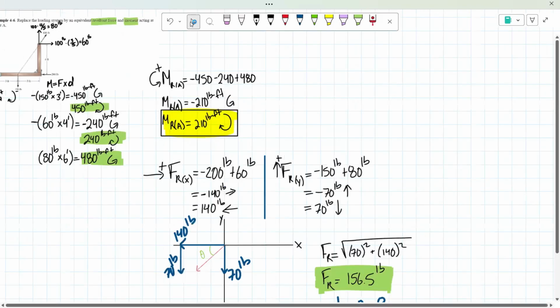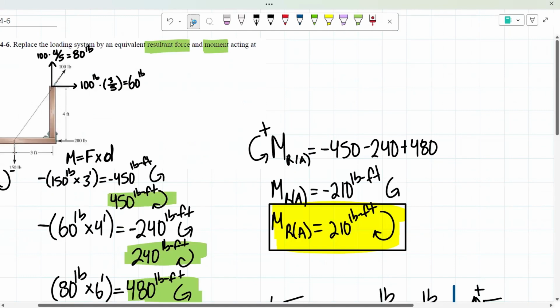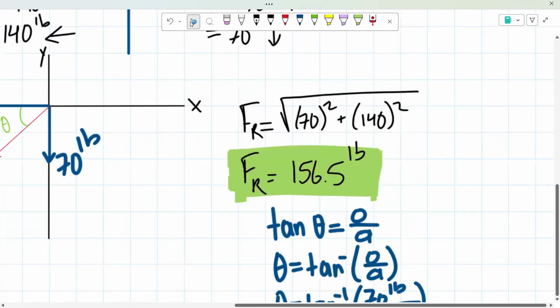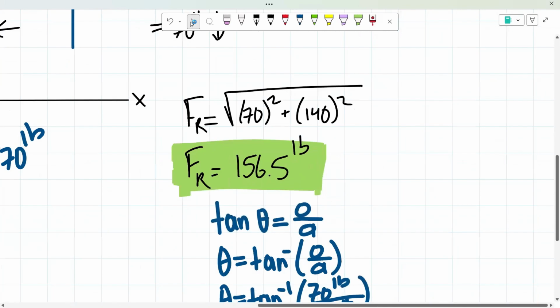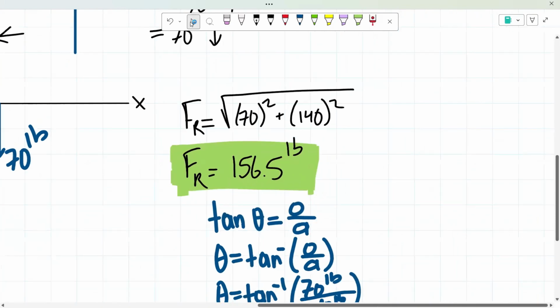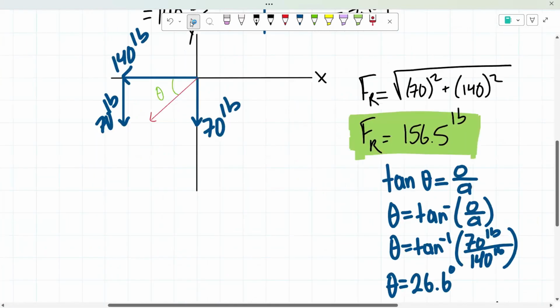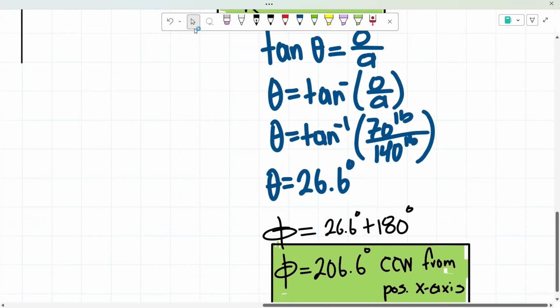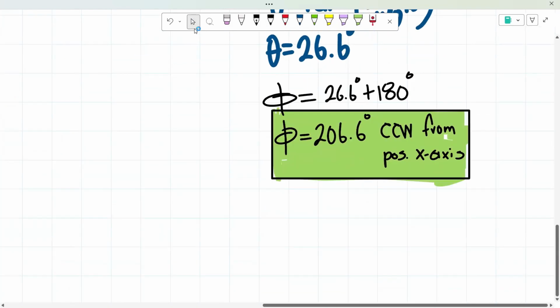And then from there, we proceeded to find the equivalent resultant force that was going to be acting about point A. We found that resultant force to be 156.5 pounds. And remember, when we find resultant forces, we also have to find the direction of that resultant force. And our direction was 206.6 degrees going counterclockwise from the positive x-axis.